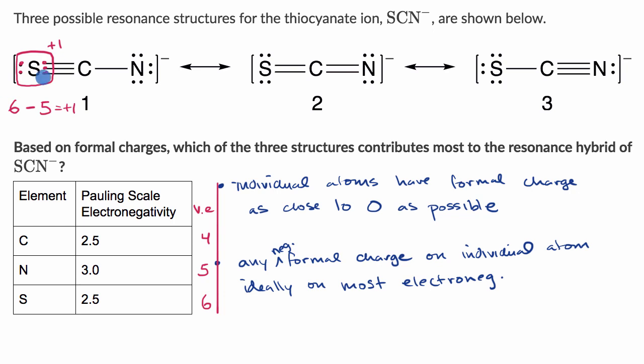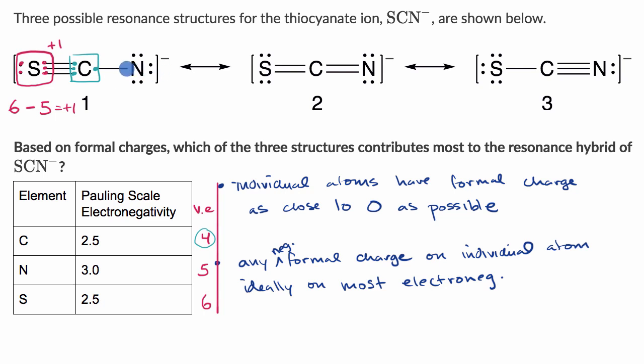Now we can do the same exercise for the carbon here. Carbon typically has 4 valence electrons when it's neutral. And in this resonance structure, we can see that 4 outer electrons are hanging out, the same as you would expect for a neutral carbon atom. And so 4 minus 4, you have 0 formal charge here.